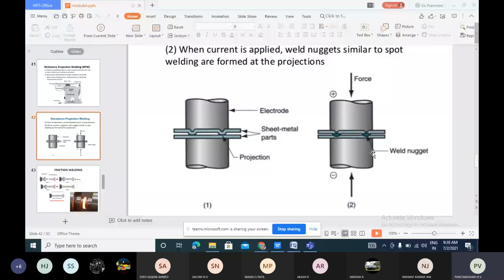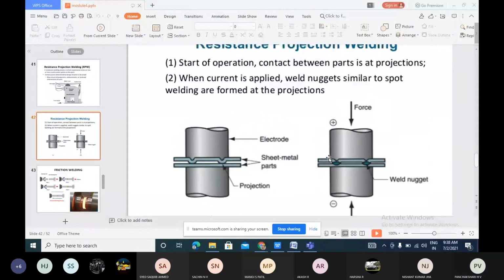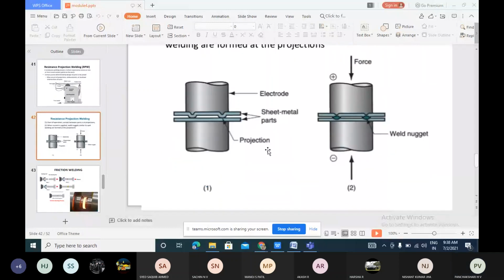That area gets welded, and the remaining area is not affected. Therefore, this type of welding is called projection welding. When current is applied, weld nuggets similar to spot welding are formed at the projections. Wherever the projections are there, only that area will be welded.